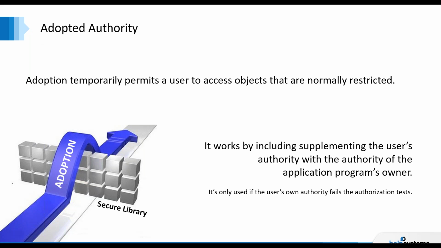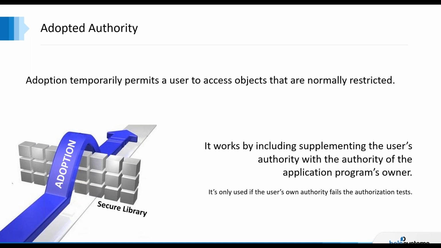Okay, remember, everything is owned by somebody, and now it becomes extremely relevant. Now, adoption only comes into effect if the user themselves, the one that called the application, is unable to do what the program is trying to do. So if the user has the necessary permissions, adoption is ignored.